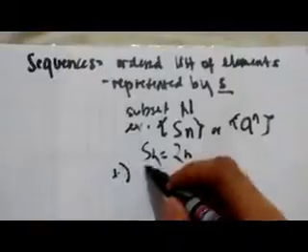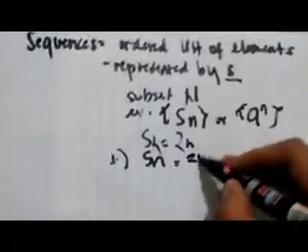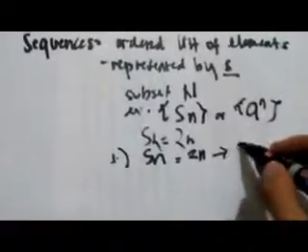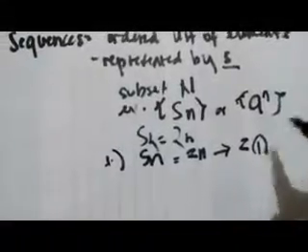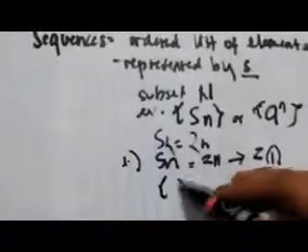So let's say we have S_n equals 2n. For n equals 1, we have 2 times 1, so we have 2.